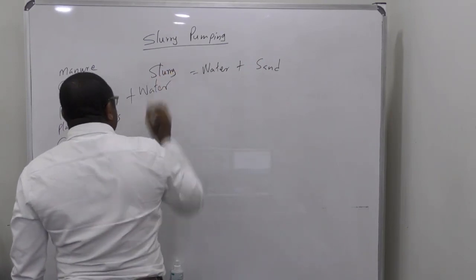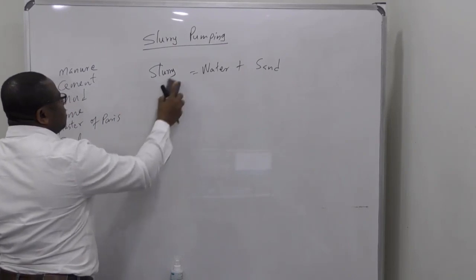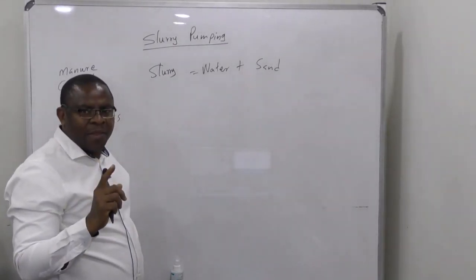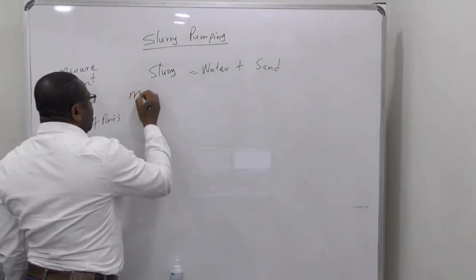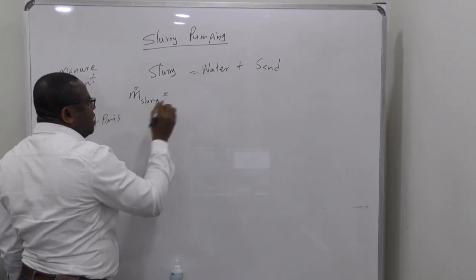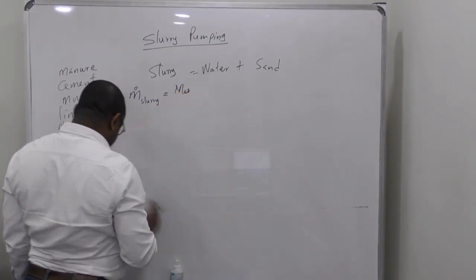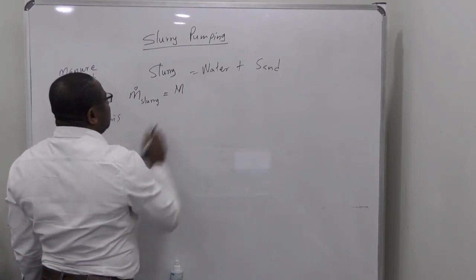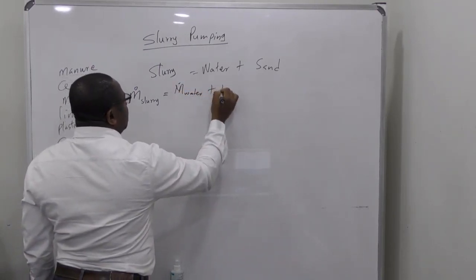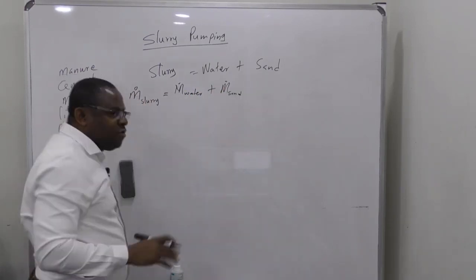Okay, slurry. So when you are solving slurry equations, it's always important to note this, that the mass flow rate or the mass of the slurry is the same thing as the mass of the water plus mass of sand. Now this is what you need to know.